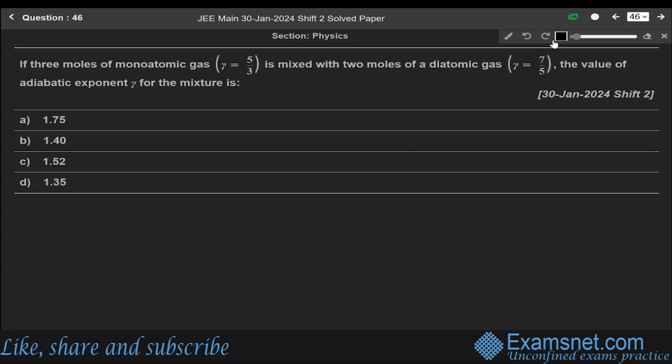Now next question 46. If 3 moles of a monatomic gas, whose gamma is given as 5 by 3, is mixed with 2 moles of a diatomic gas, whose gamma is 7 by 3, the value of the adiabatic exponent gamma for the mixture is... First of all, this question is from the chapter of kinetic theory of gases.